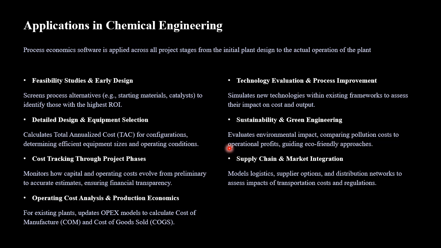They can model supply chain and market integration. So this is basically the entire framework of the whole plant, and from gathering data from operations, sales, and everything, and then they can make detailed reports and projections on all these factors. And yeah, so this is an overview of the applications in chemical engineering.